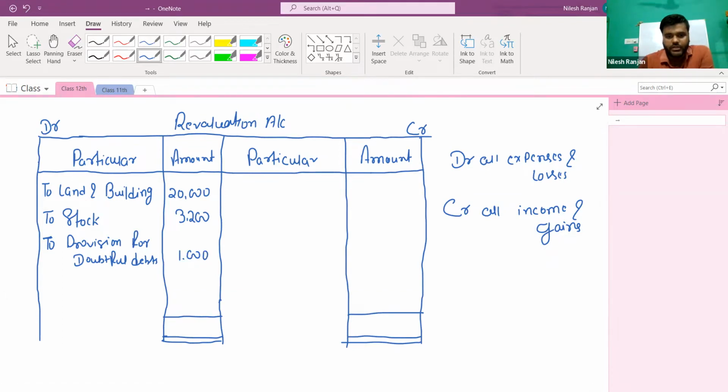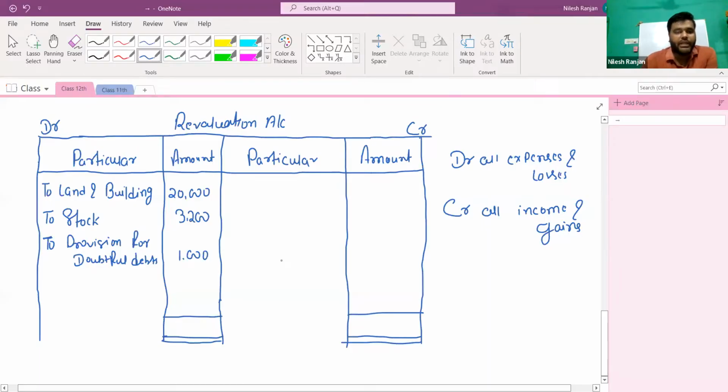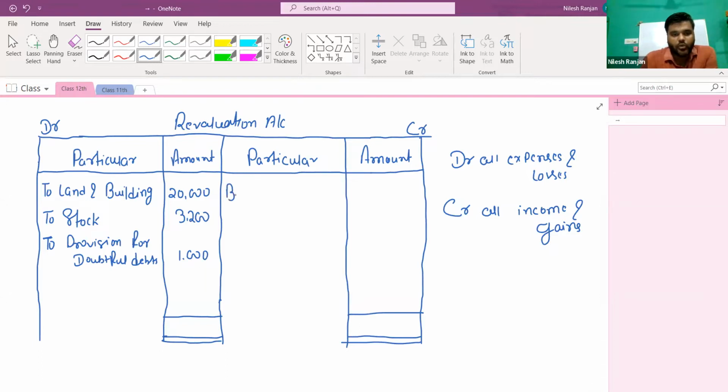And the last item is an amount of 1,200 included in sundry creditors be written back as it is no longer payable. So now we don't need to pay the 1,200 to creditors. So this is profit by creditors account, 1,200.